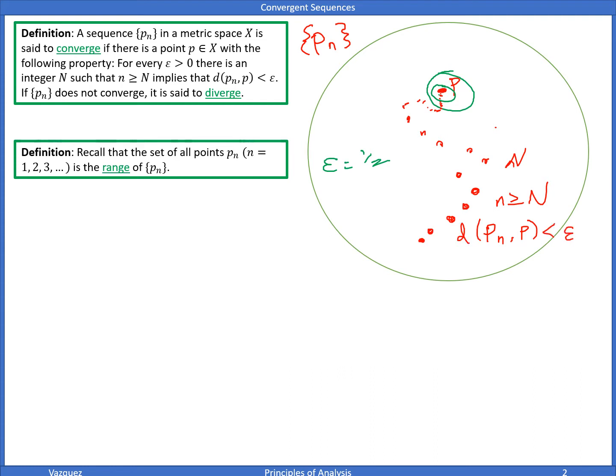Just like convergence on the real line, but now we're looking in general metric spaces. I know this looks like R2 because it's like a plane, it's a ball, it's a circle. But that's the definition in general metric spaces, with our distance function.